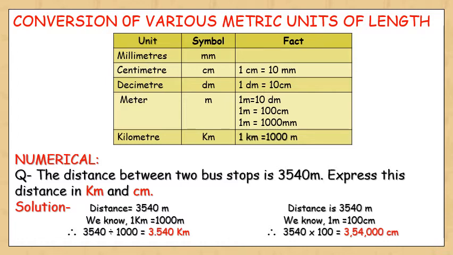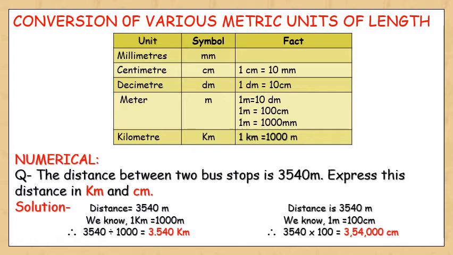Now let us calculate this numerical. In this question, the distance between two bus stops is given. Now what is the distance? The distance between two bus stops is 3540 meters.